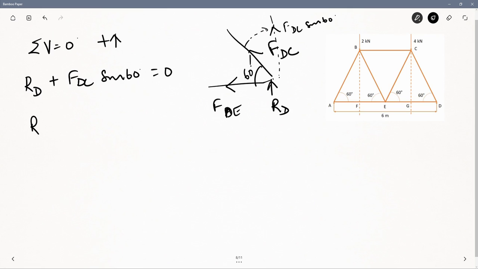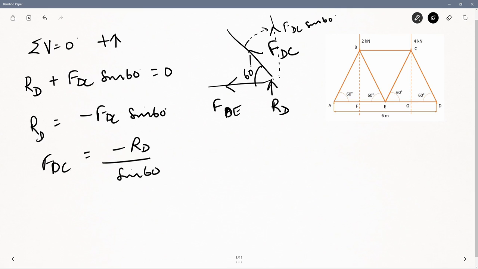So RD is equal to minus FDC sine 60. FDC will be equal to minus RD over sine 60, and my RD value is 3.5, so minus 3.5 over sine 60, which is equivalent to minus 4.04 kilonewton.